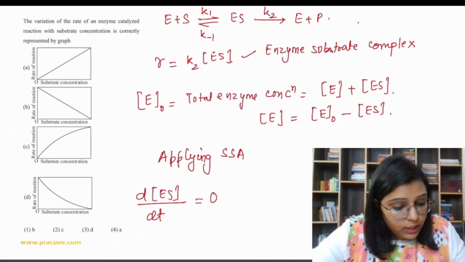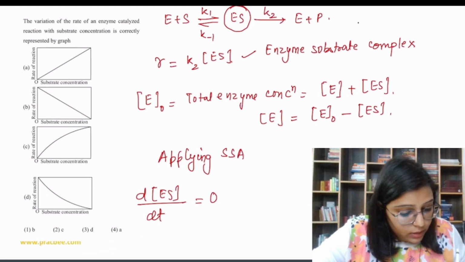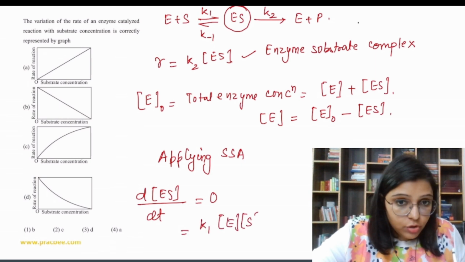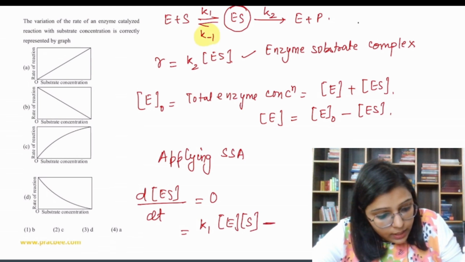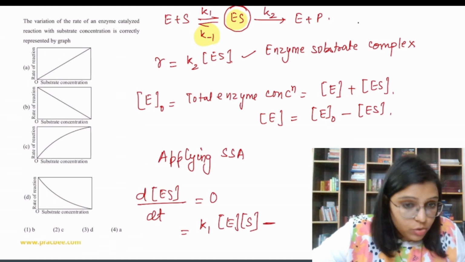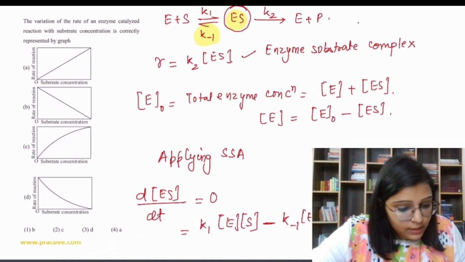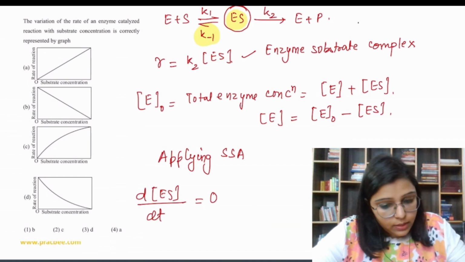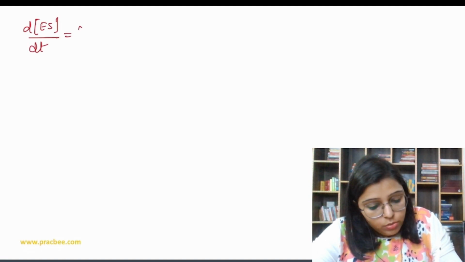So dES over dt. So how do we write ES? This is K1 concentration of E and concentration of S, minus K minus 1 ES. Let me rewrite this. So basically dES over dt is equal to 0.